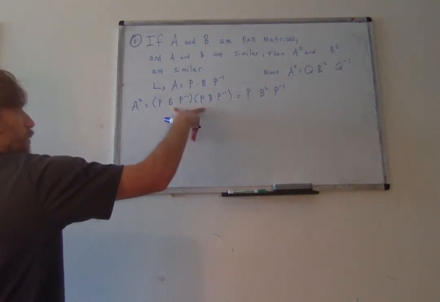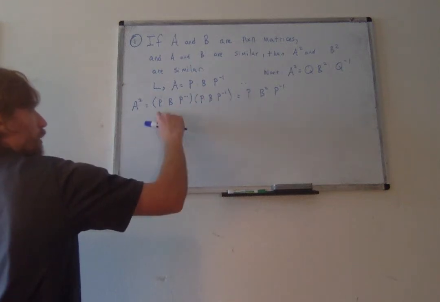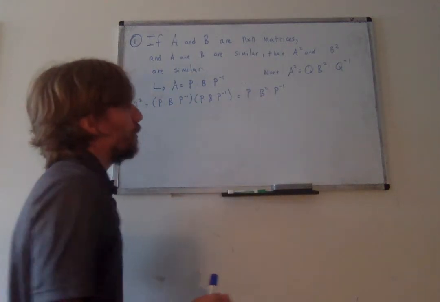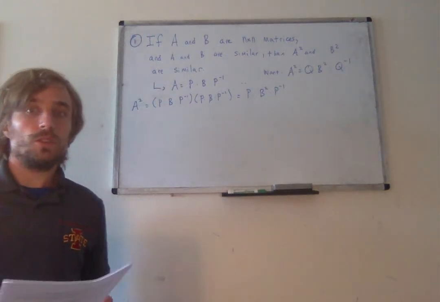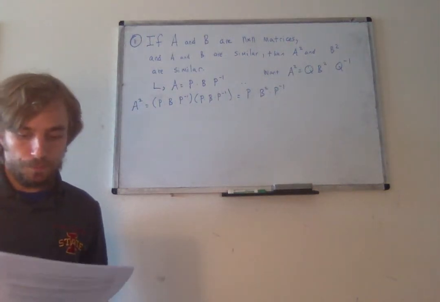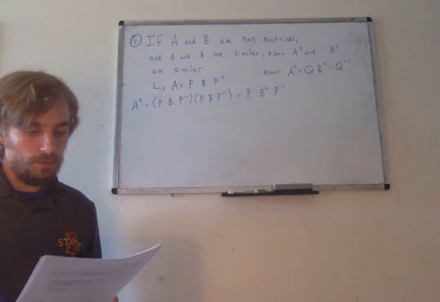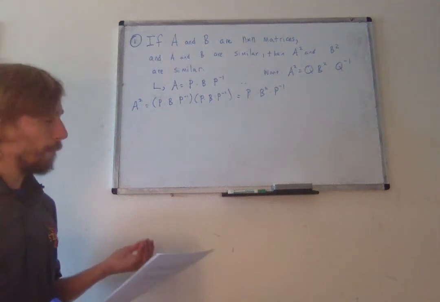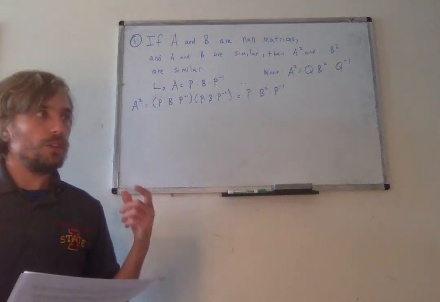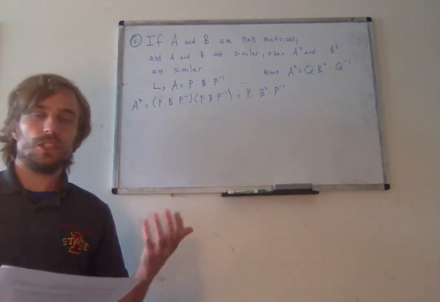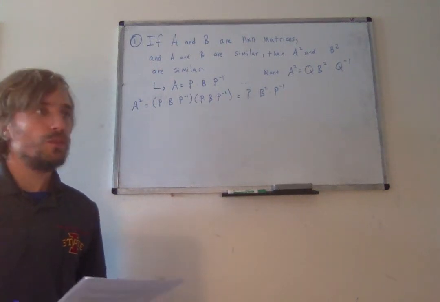We're left with two B's in the middle, which form a B squared. And then we've got a P and P inverse. And again, this is enough to show that the two matrices are similar. So not only are they similar, but they're similar using the same matrix to show this similarity transformation, which is very nice.